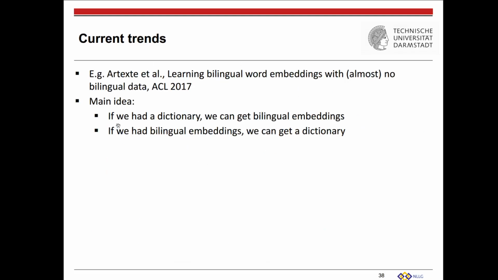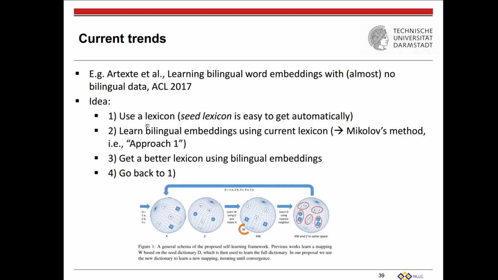So we could actually iterate this. We could start out with a dictionary, then we get bilingual embeddings. Having these bilingual embeddings, we can improve the dictionary. Having a better dictionary, we can get better bilingual embeddings, etc. So we have an iterative formula, so to speak, and that's exactly what they do.